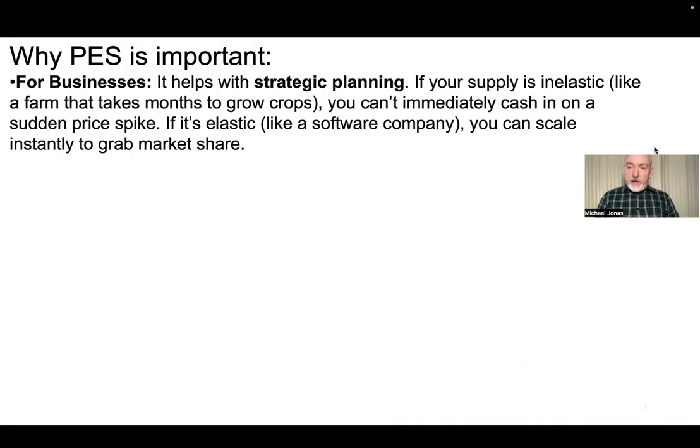Well, that's great, but it's going to take you a year to change your planning, change how you're using your land and plant and harvest a new set of crops to take advantage of that. So it's going to be fairly inelastic. In a case like that, you can't immediately cash in on a sudden price spike. The more elastic, as we saw, say, like a software company, you can scale instantly to take advantage of that, to increase your production.